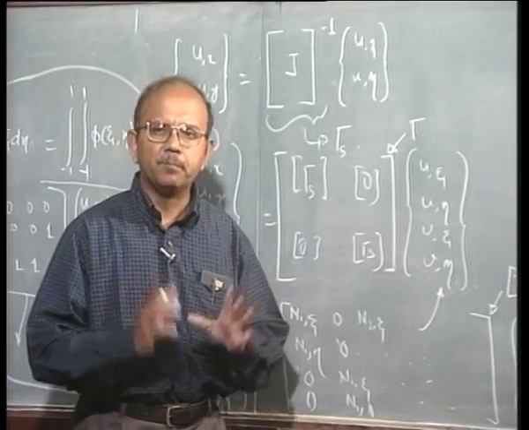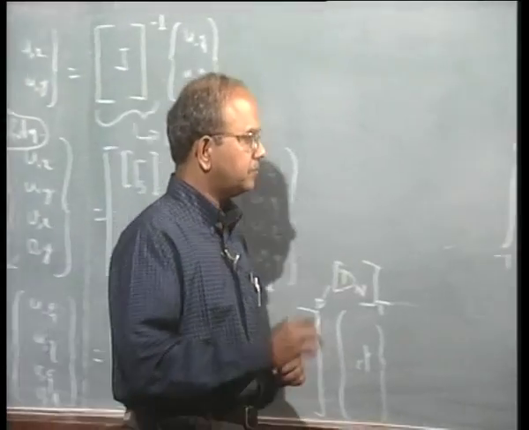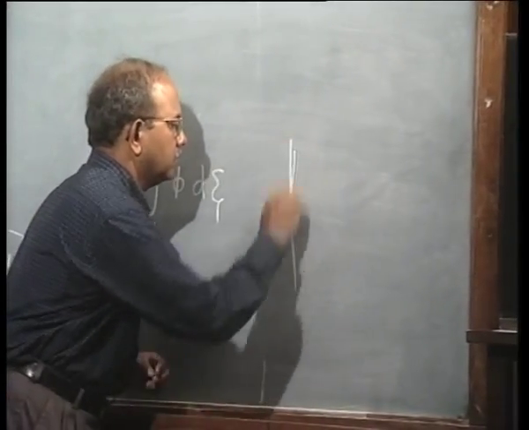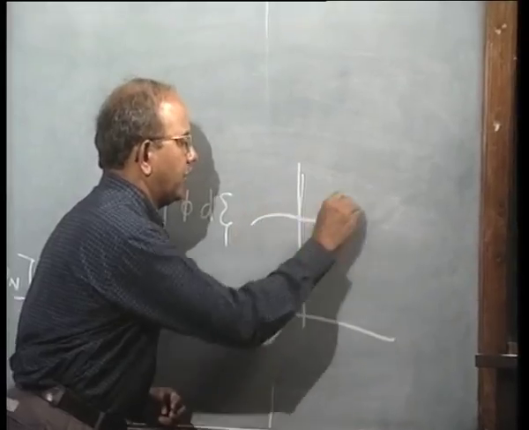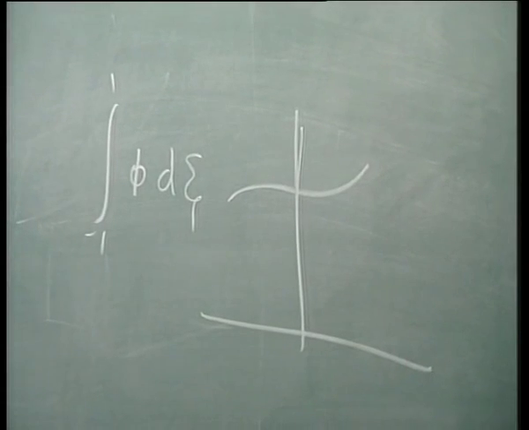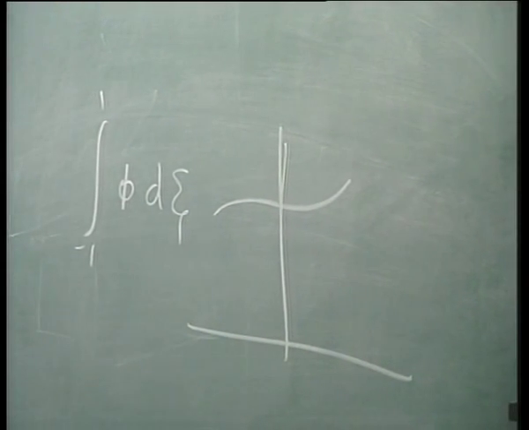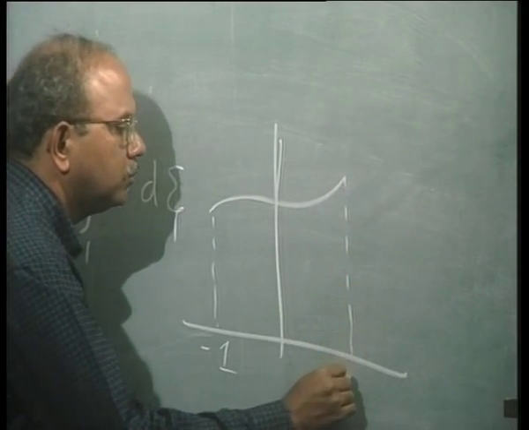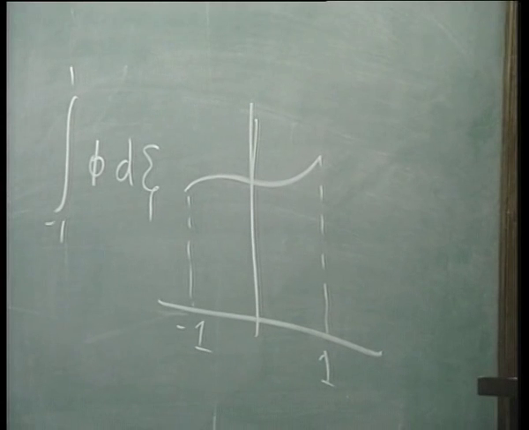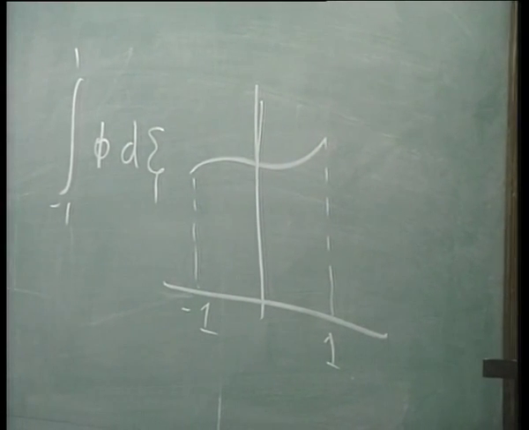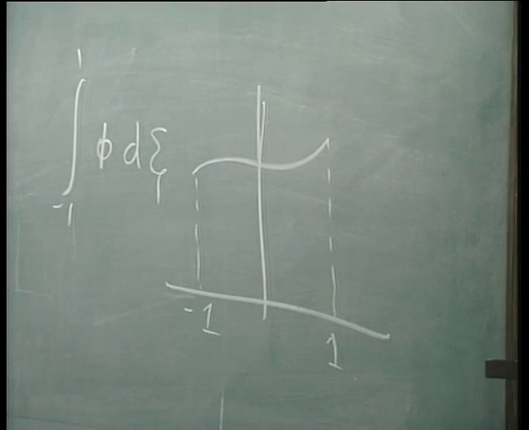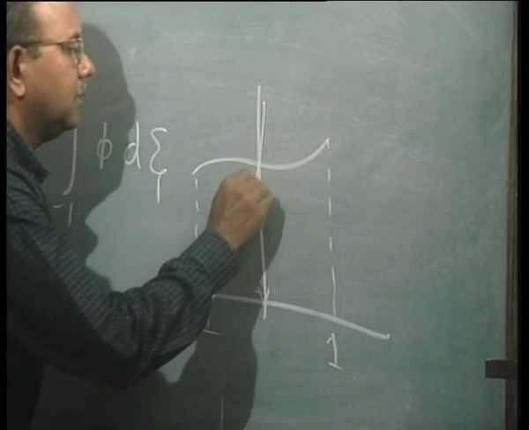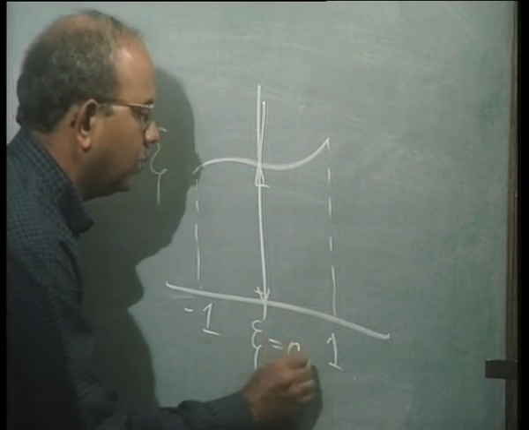Let us look at the simplest one dimension case. Let us say that we are trying to evaluate that kind of curve. Let us say that we are trying to integrate this between minus 1 to plus 1. Now, in a one point quadrature rule, the position at which we are going to evaluate this is given by that position where psi is equal to 0.